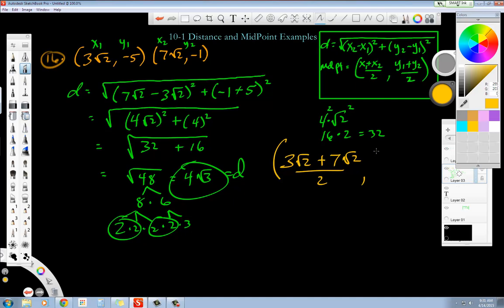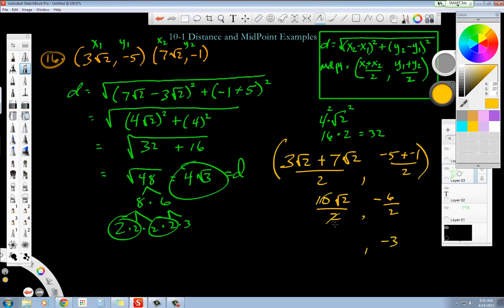That would be, let's see here, negative 5 plus negative 1 all over 2. Making sure I don't goof a negative sign up. So that becomes 10 radical 2 all over 2, which will simplify. And this is negative 6 over 2, which will simplify. And that'll turn into negative 3 over here.